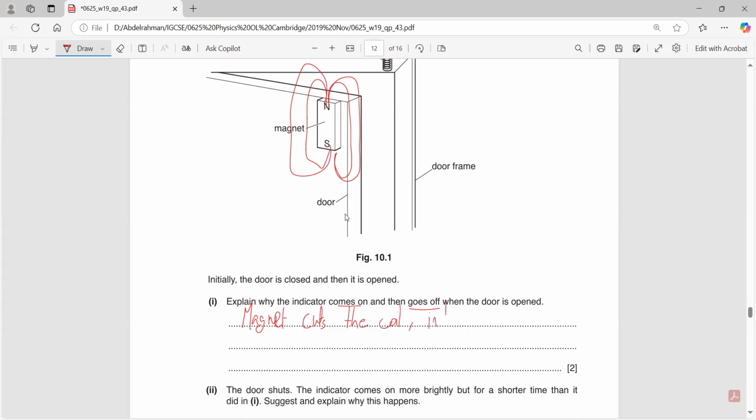That's why it's on, and then it goes off when the magnet moves further away.